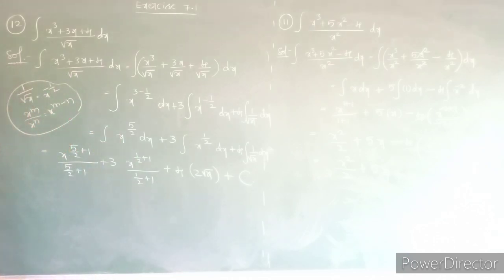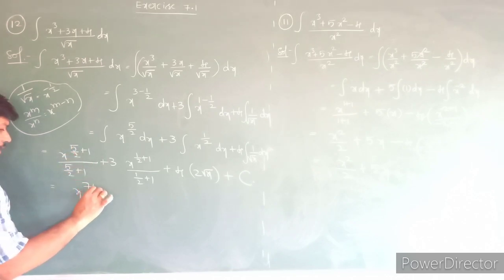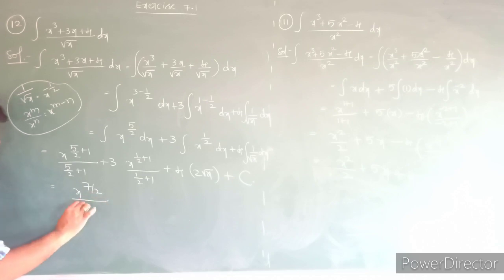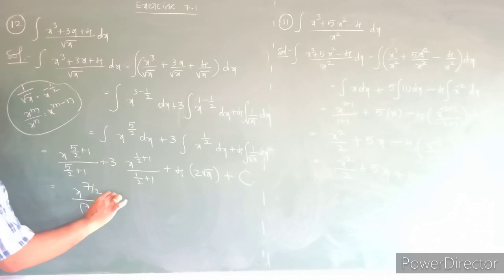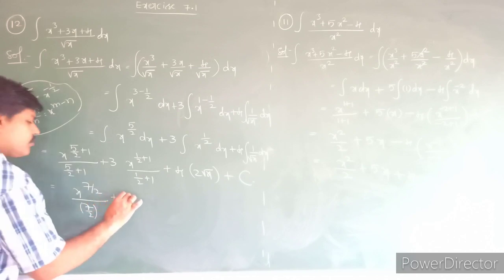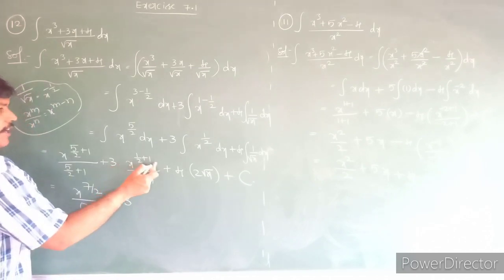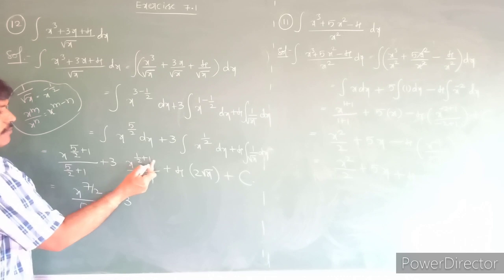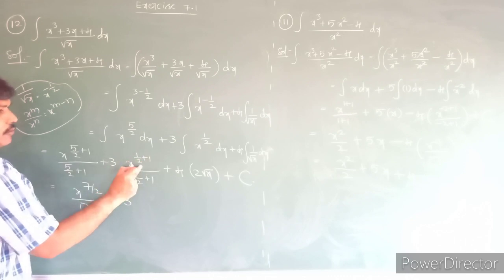So see that, simplify the terms here. What you will get: x power 5 by 2 plus 1. 5 by 2 plus 1, take the LCM, 5 plus 2 by 2, that is 7 by 2. So it will become x power 7 by 2 by 7 by 2, plus 3 into x power 1 by 2 plus 1. 1 by 2 plus 1, take the LCM, 1 plus 2 by 2, that is 3 by 2.